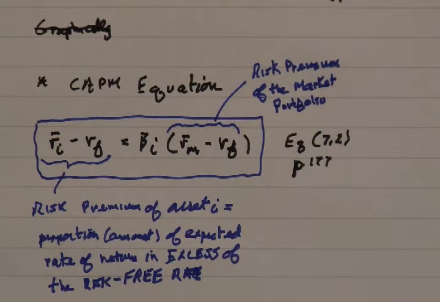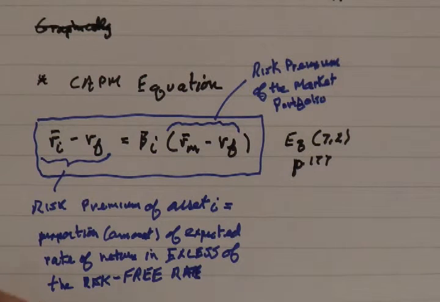So, of course, you can solve for the expected rate of return of any asset by simply moving the minus R_F to the right-hand side.